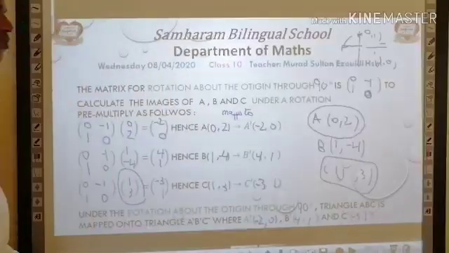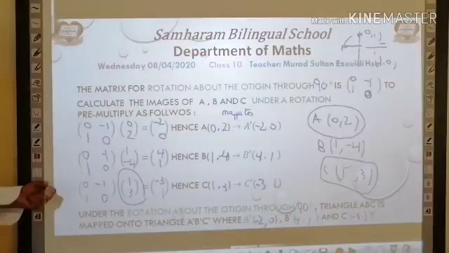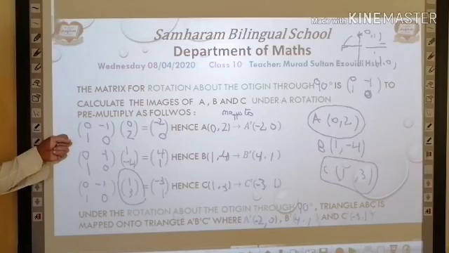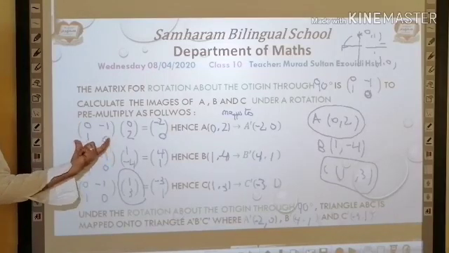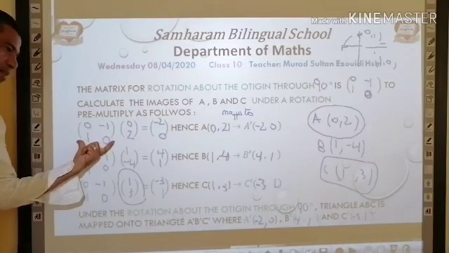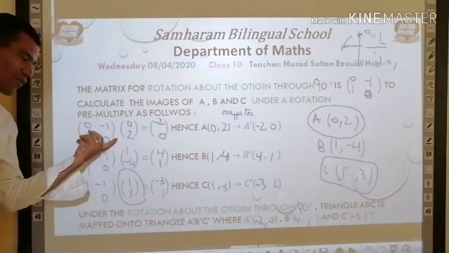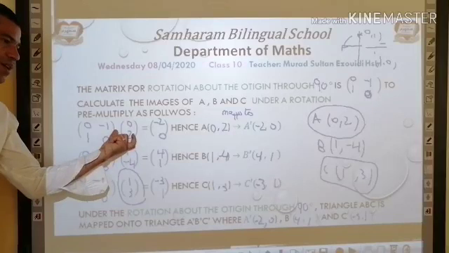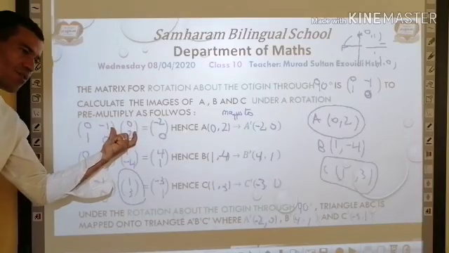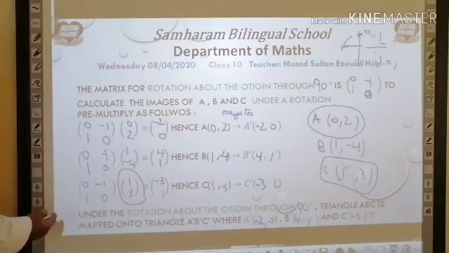Here we will not use geometric techniques. You will use algebraic techniques, meaning that you will work out the entries of this matrix for rotation about the origin, 90 degrees. After finding it, you can multiply by the coordinates of any point to find the image.